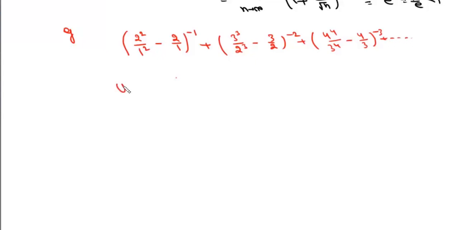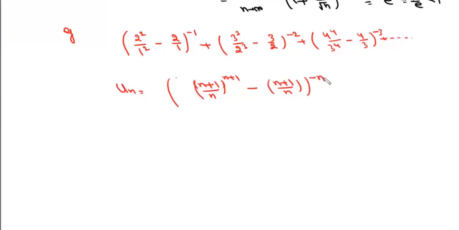Now in this case, this un will be given by n plus 1 to the power n plus 1 upon n to the power n plus 1, so it will be n plus 1 upon n whole to the power n plus 1 minus n plus 1 to the power n whole to the power minus n.